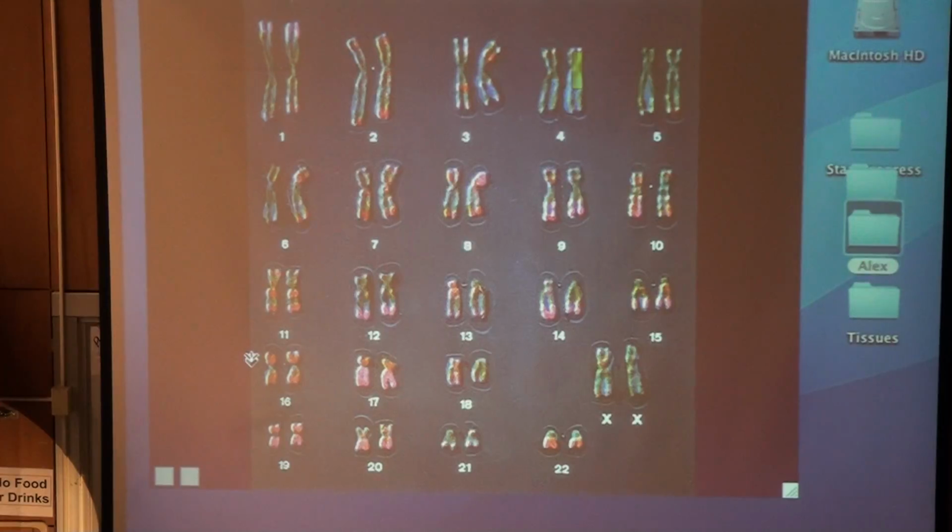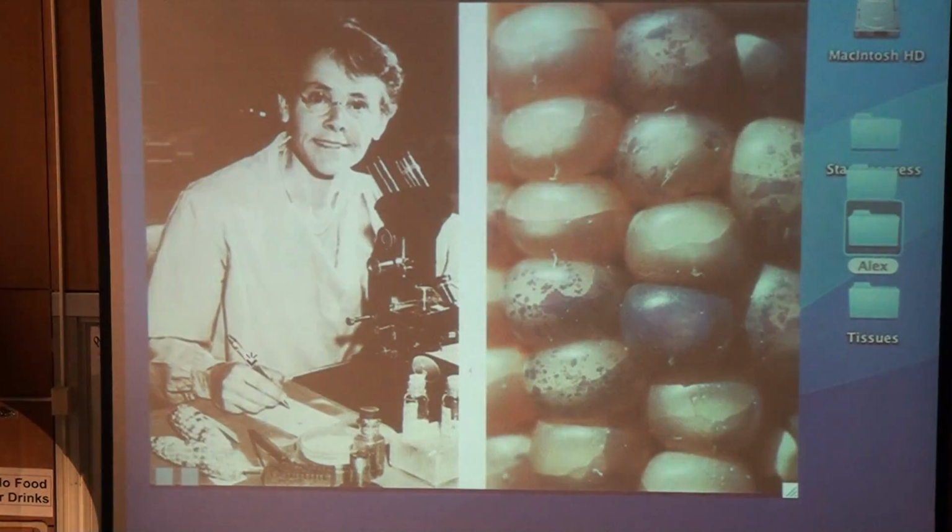So this seems totally bizarre, and it wasn't discovered until fairly recently, the 1940s. This woman here was the discoverer. Her name was Barbara McClintock, and she was studying the genetics of corn.